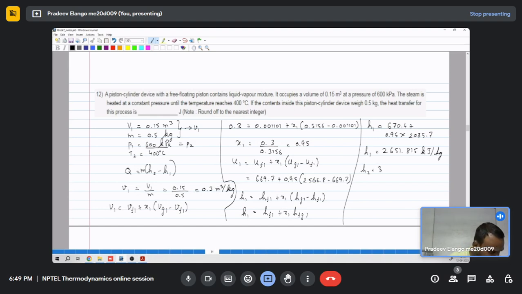H2 is 3270.8 kilojoule per kilogram. Now for Q we have m into H2 minus H1. So m is 0.5 and H2 is 3270.8 minus H1, which is 2651.815.